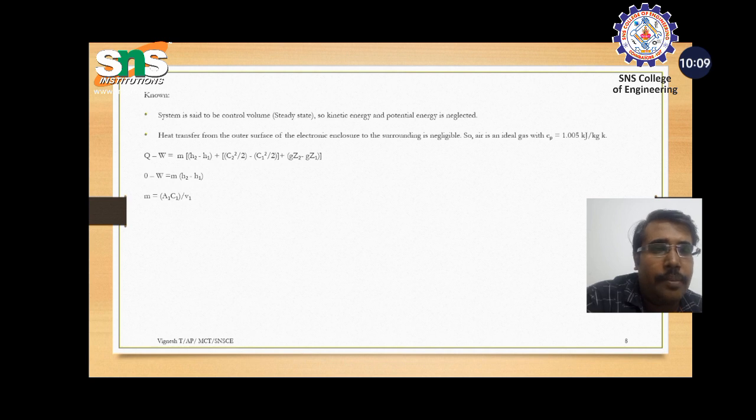mass flow rate M is equal to volumetric flow rate divided by specific volume. We have seen it in the previous videos. The volumetric flow rate is calculated as area into velocity, divided by specific volume. So here M is equal to A1 C1 divided by V1. Substitute all the terms.